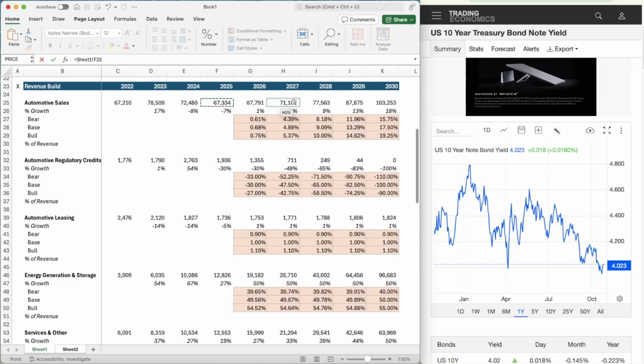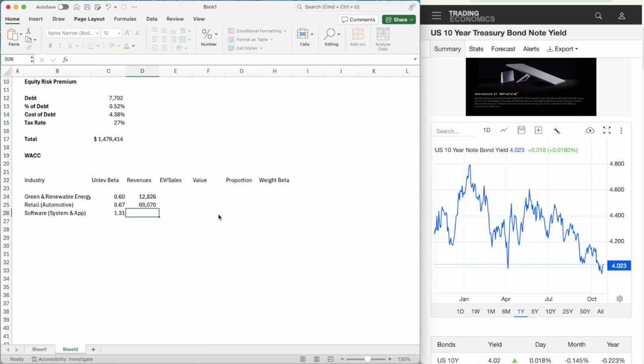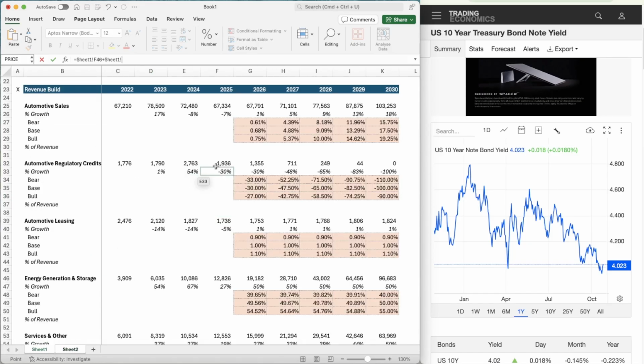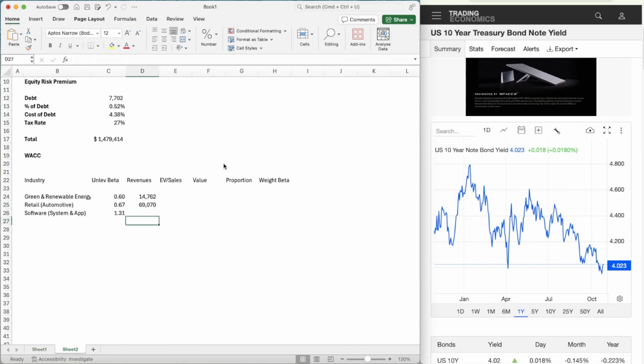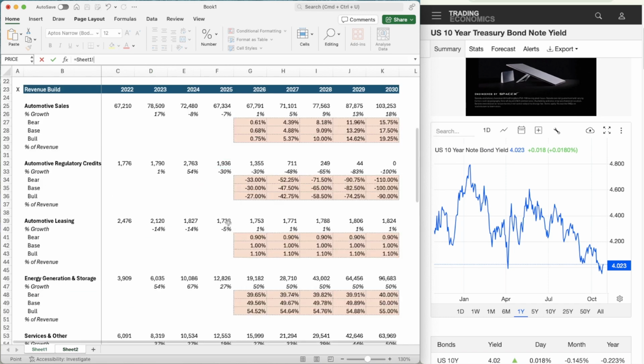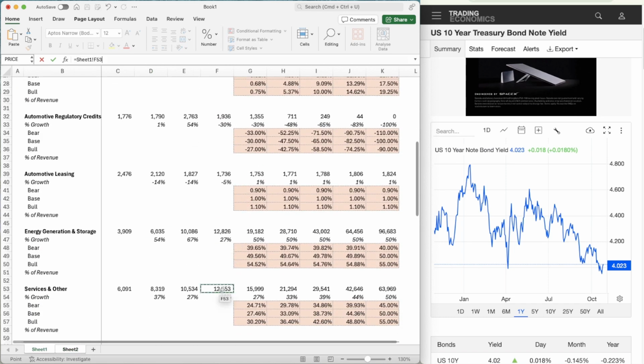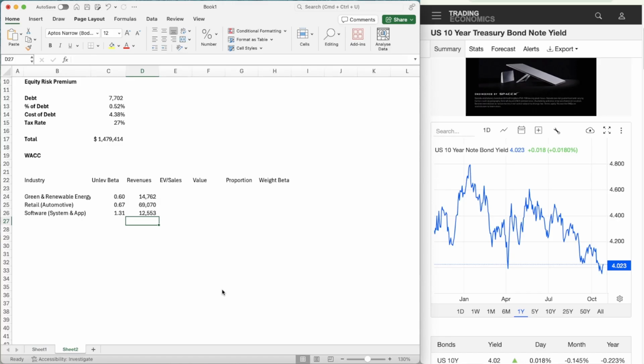And the leasing, then let's actually put the credits there into that one as well, into green and renewable energy. Then software, system, and app is just going to be services and other, because that's where the FSD and the robot are. So yeah, we'll go like that.